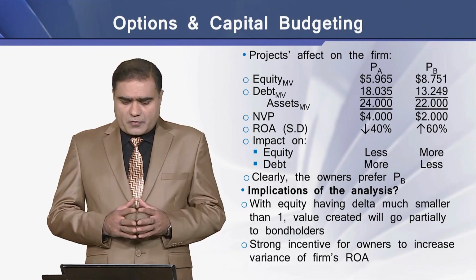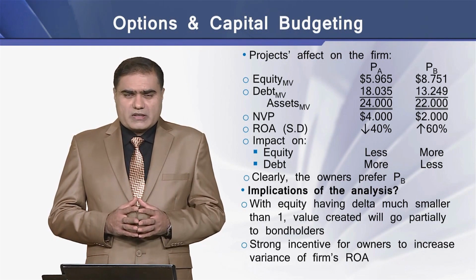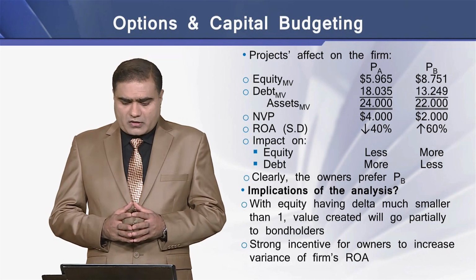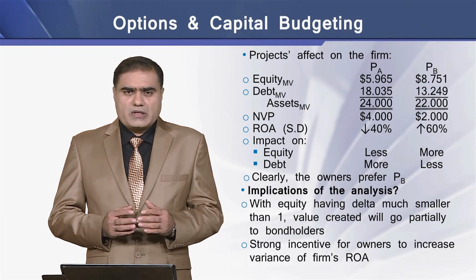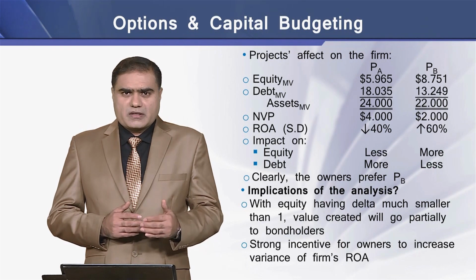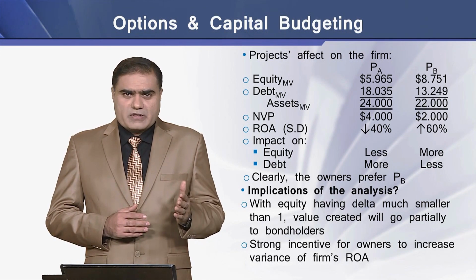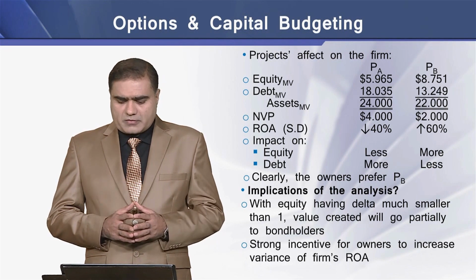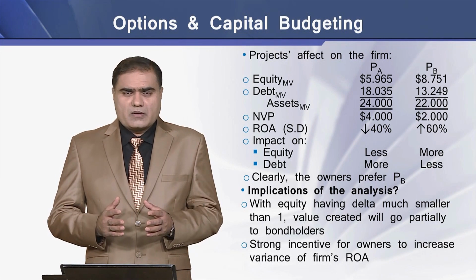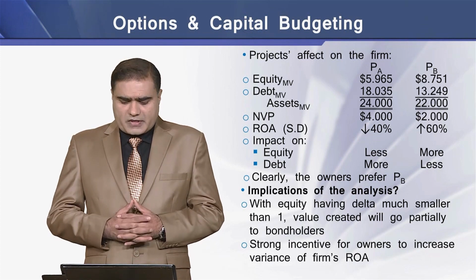So the NPV of Project A is $4 million, and for Project B it is $2 million, whereas the standard deviation on the firm's assets return is 40% for Project A, which is down by 10%, and for Project B it is 60%, which is up by 10%.